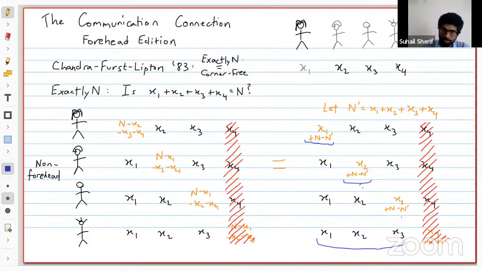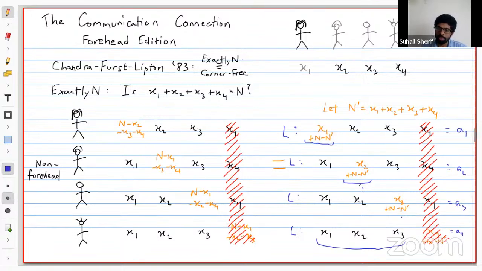One more thing I want to mention is that after this transformation, everybody has a vector and they form a corner. Now, if everyone applies the transformation L to their input, the same transformation that we saw earlier, they'll end up with an integer, let's say A1, A2, A3, and A4.